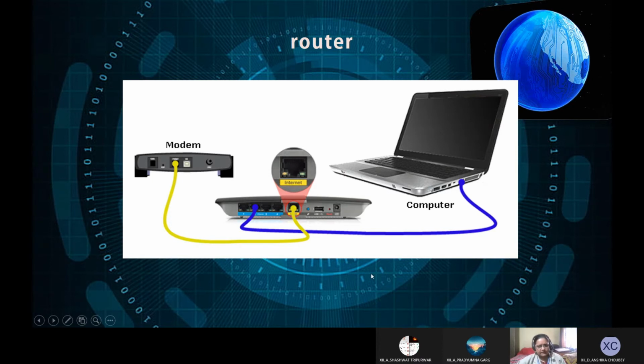Okay, but now because of the Wi-Fi routers we are also able to connect all our wireless devices with the internet access point. So this is the computer, this is a laptop, and either you can connect the laptop using the built-in Wi-Fi adapter, or you can attach an Ethernet cable to this router.